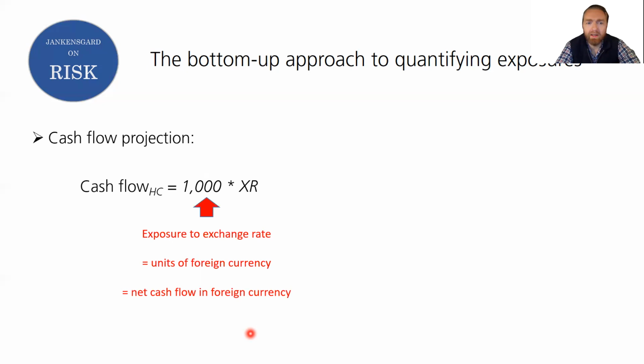So we're talking about net cash flow in foreign currency. We have successfully netted the exposures here, revenues in foreign currency net of costs in foreign currencies. So that's the net cash flow number in foreign currency, and from a home currency perspective, that gives us the exposure, because now the only remaining factor to make an assumption about is the exchange rate.